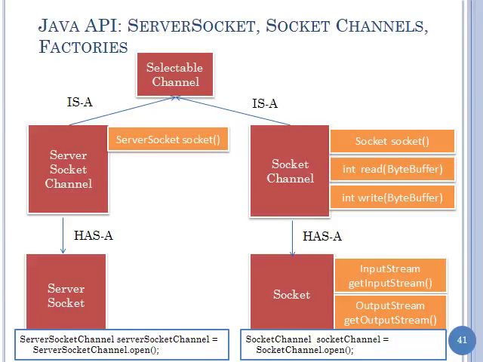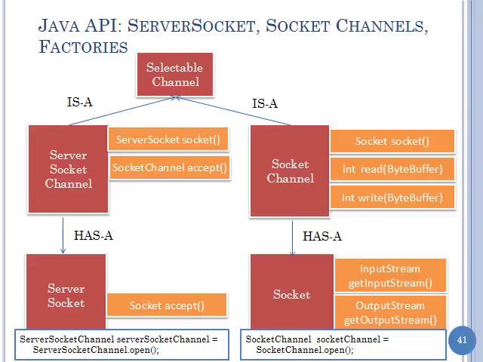But just to make this concrete. And the accept operation is done on the server socket channel, and the connect operation is done on which channel? Socket channel. Okay. So that's the API. Okay.